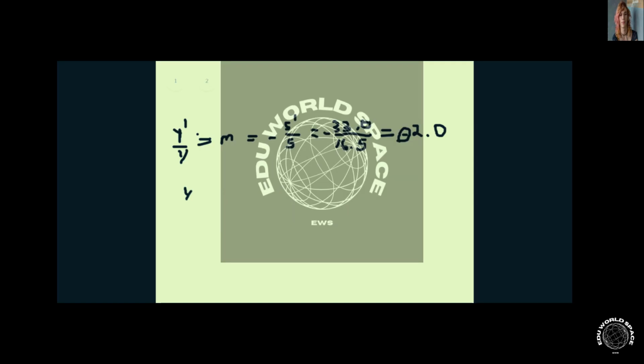So we know that y prime will equal m times y, where m is minus 2.0. And our original y, the original size, is 0.600.